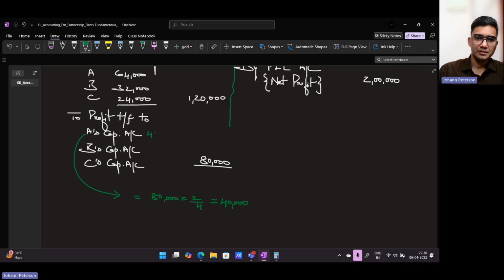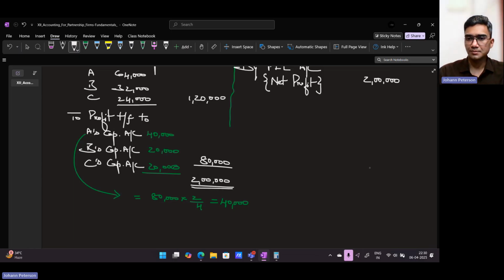So here I will write 40,000. For B, it comes out as half of it, so 20,000. For C again, half of it, which was 20,000. Altogether, this totals up to 80, and my total amount comes up as 2 lakh. That's how this account is closed.